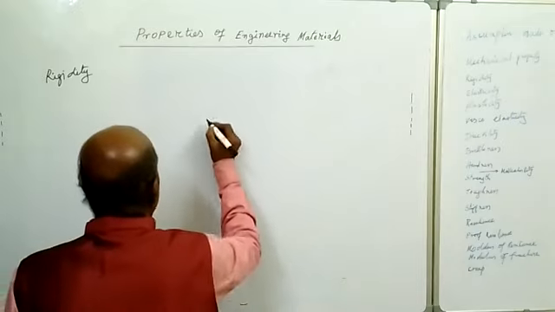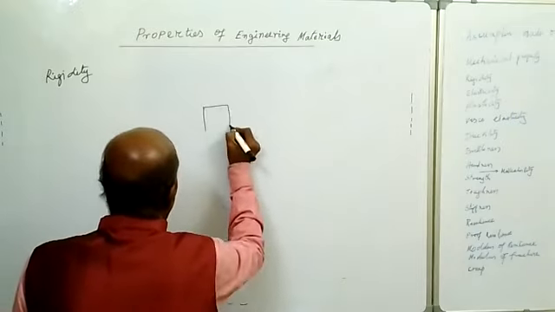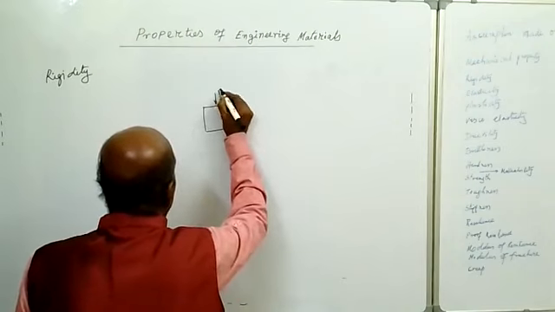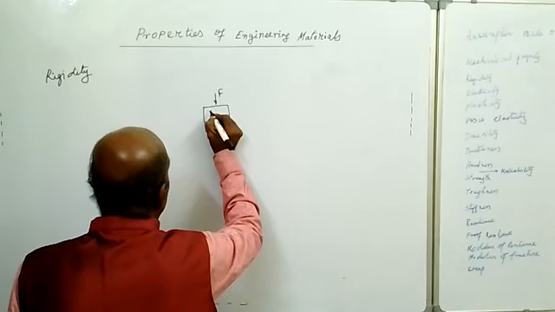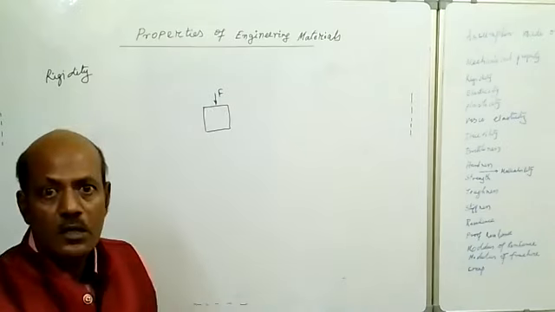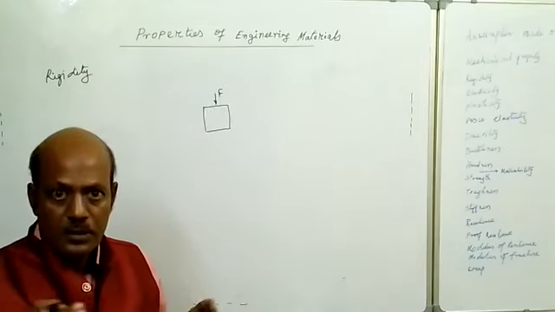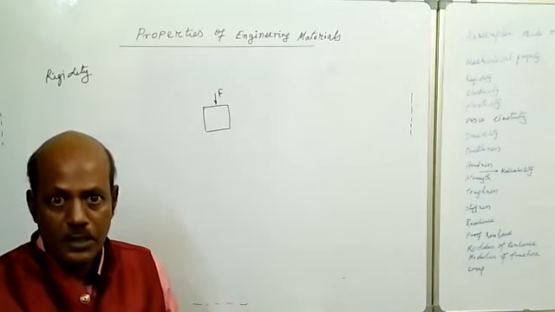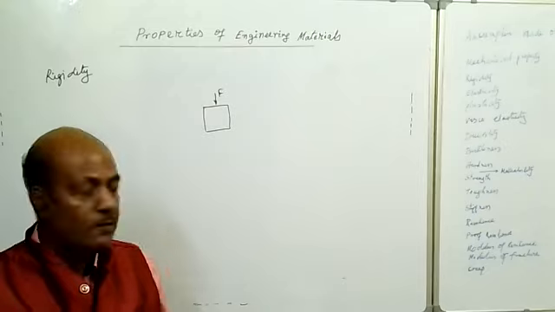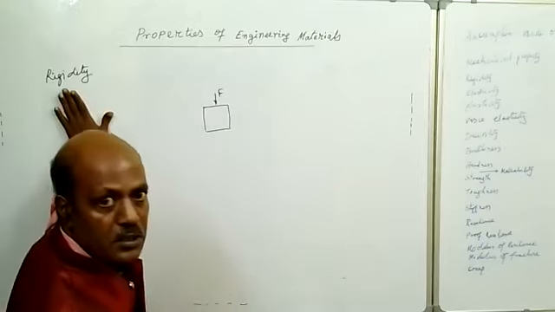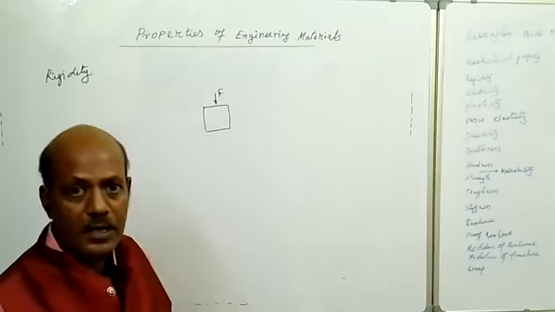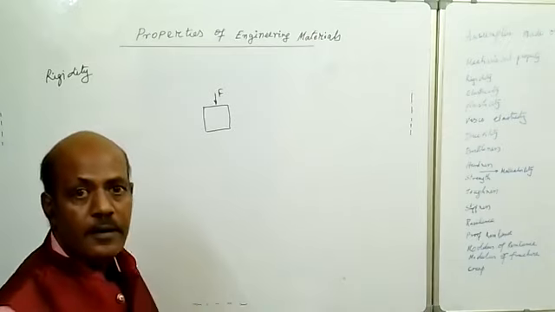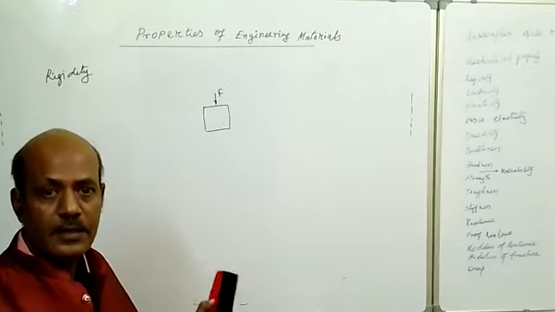That means if the body is loaded with a heavy load, say F, then also the body will not deform at all. The property by virtue of which the body will not deform at all is called rigidity. And this is the main concept considered in the engineering mechanics subject.